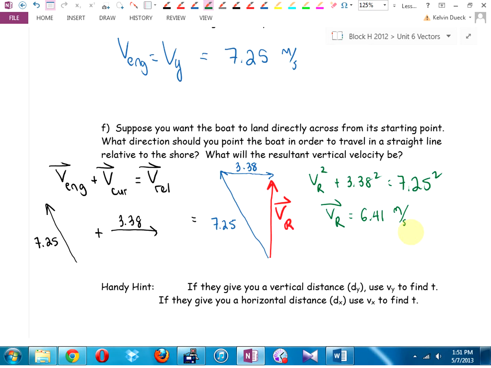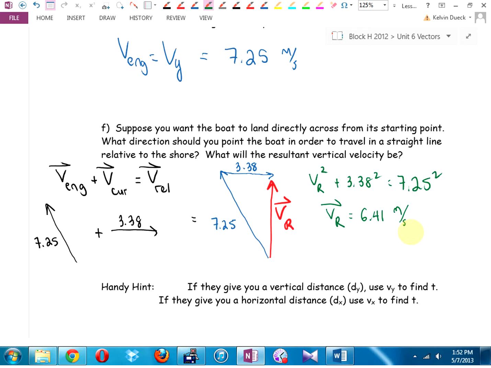Well, how do I get the VR by itself? Minus that to that side, and then square root, because it's VR squared. How to get rid of a squared? Square root. Is that okay? I didn't show all my Pythagoras work because I didn't leave you much room. That's the last part of the question. It says, find the resultant vertical velocity. You're going to be going 6.41 meters per second straight up.